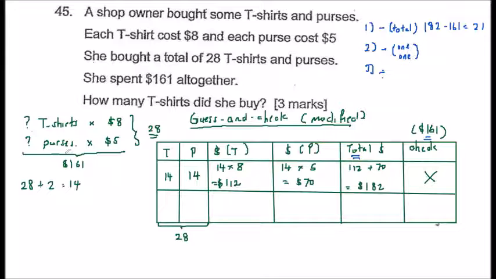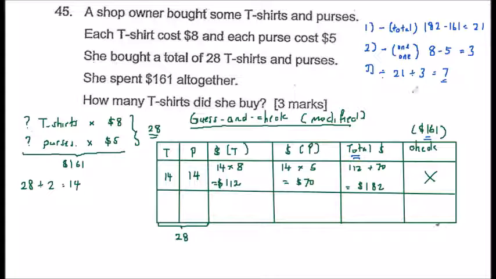It means that we need to minus one t-shirt with one purse. Can you see that we have 8 minus 5 equals 3. So divide, of course, we divide these two together. So we have 21 divided by 3. I have 7.